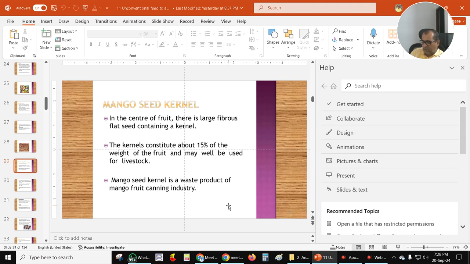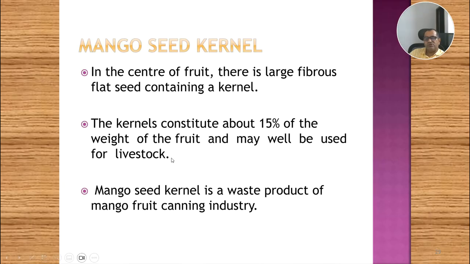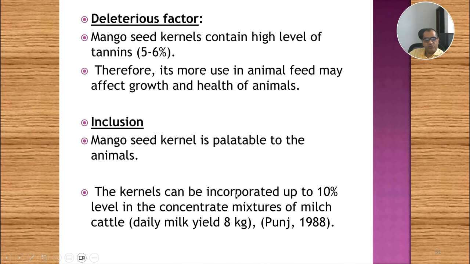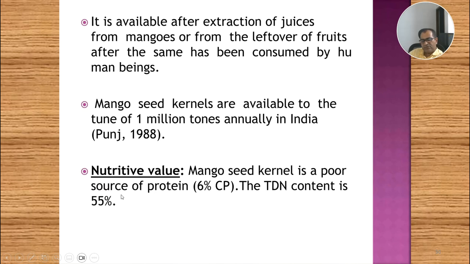So the other things that can be used for the processing of the food is also the mango seed kernel. The nutritive value is 6.62, that is 6% crude protein is always available. TDN content is about 55%.